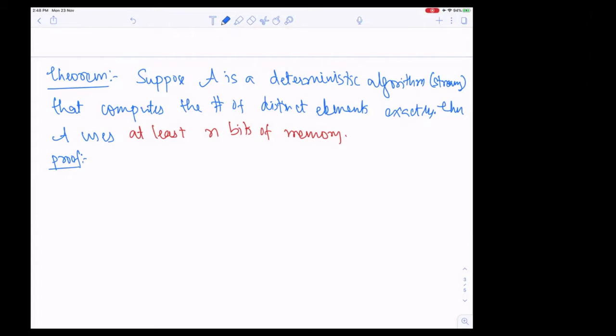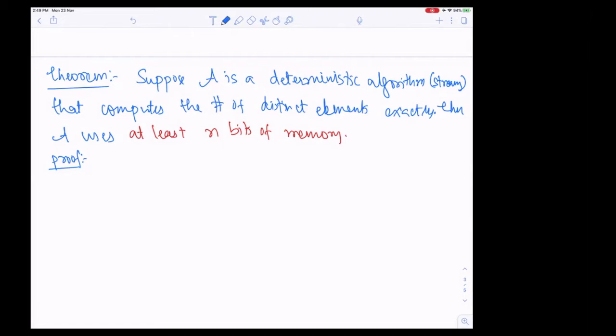Okay. So the way we will construct this sequence or this set A, it will only assume that A is an algorithm which works for insertion. So we could have said even more strictly that even for an insertion-only stream, we need n bits of memory. But as you say, there is of course a gap of log m.